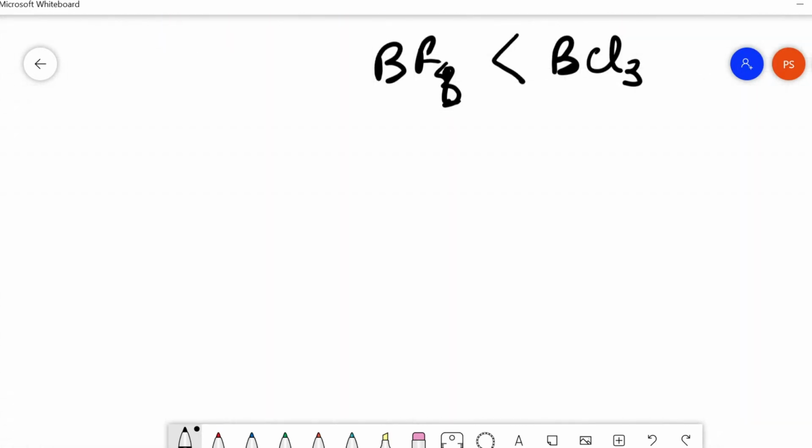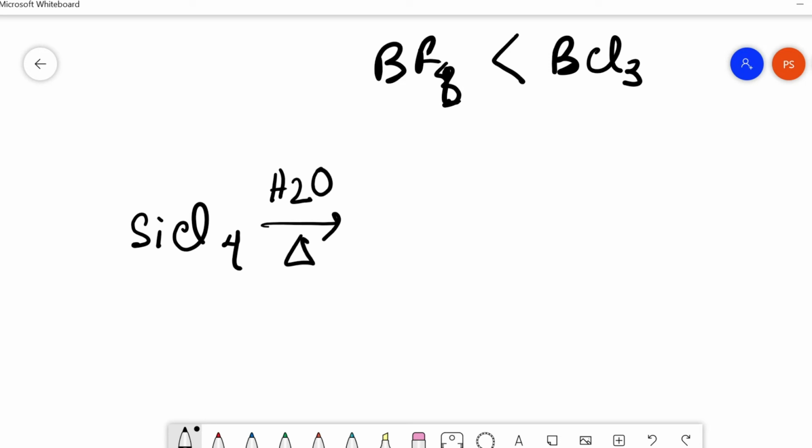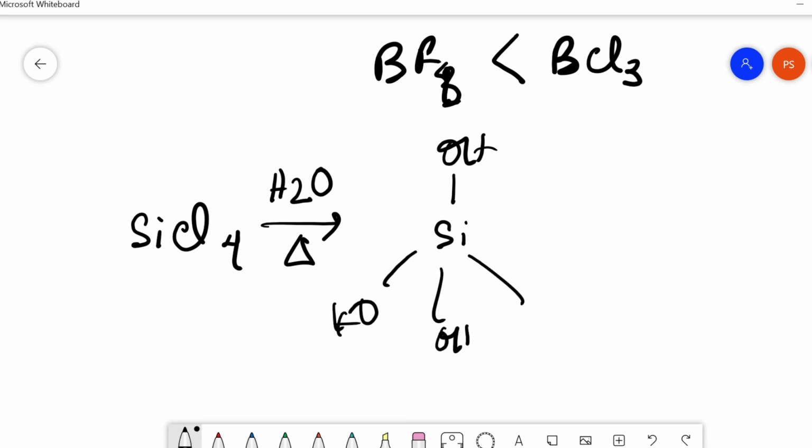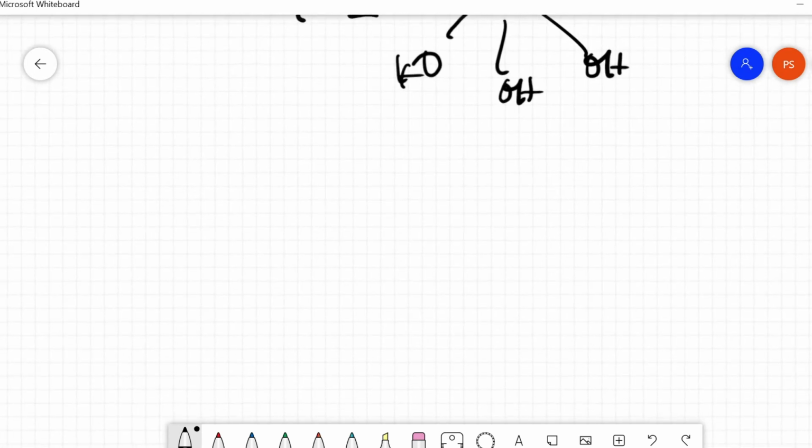The chemical reaction, the hydrolysis of SiCl4, is this. How is this forming?